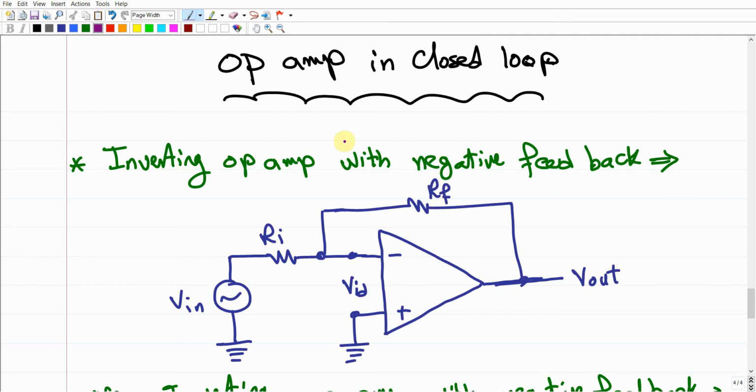As we discussed before, this is a kind of closed loop system that should have a sensor that detects the output signal, then compares. It's a kind of comparator that compares the output signal to the input signal. This is the input signal coming through this branch, and this is the output signal.